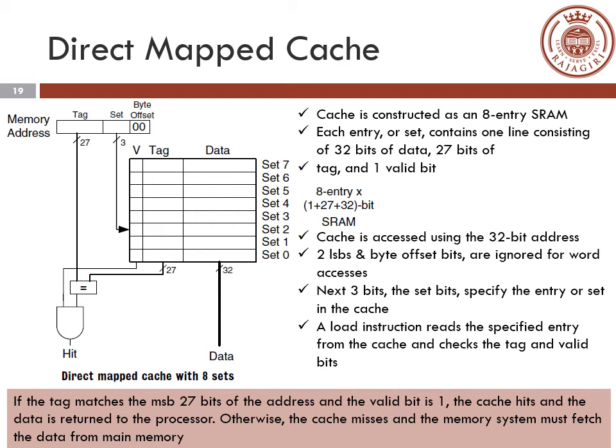Now from the memory address, the 27-bit tag is there. Now we are going to check whether that particular address data is present inside the cache.